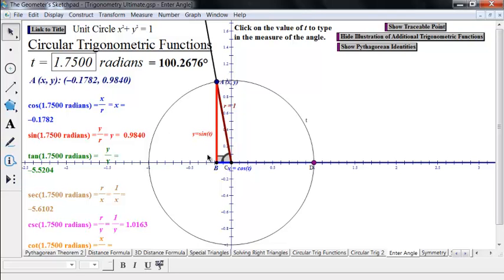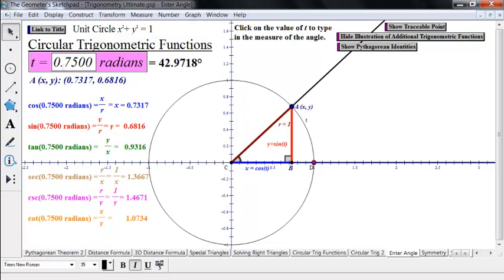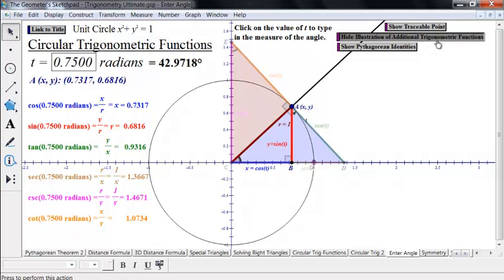The same thing works for the other distances. So let's go back to our 0.75 for our illustration. Now what I want to show you is how we can also see the other trig functions too. What I'm going to do here is draw in some more things to the picture.